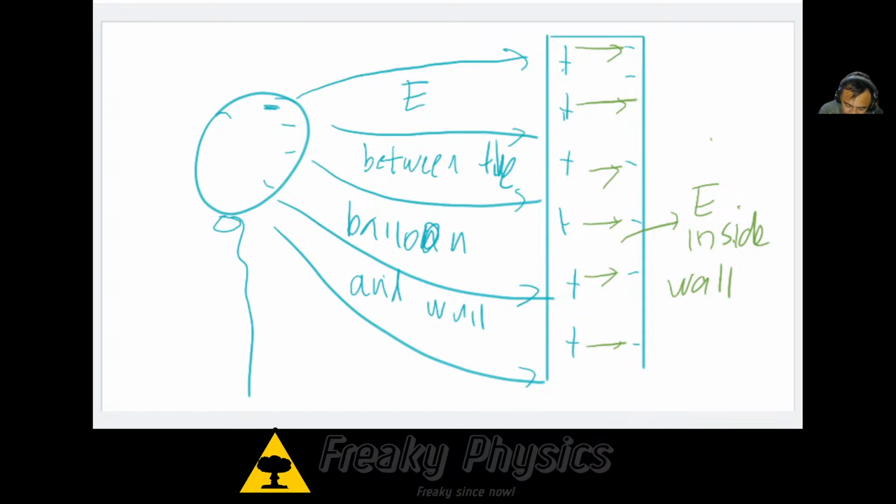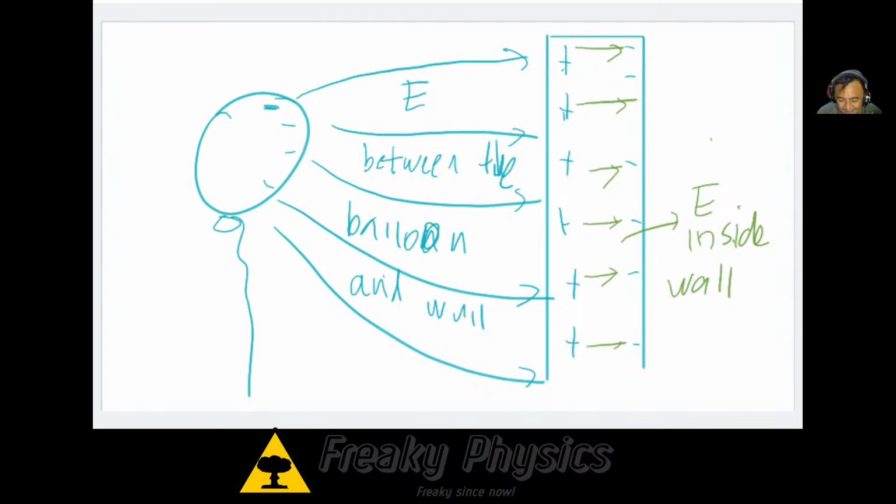The other arrows are wrong. The blue or the green ones? The green ones. No, the blue ones are wrong. Oh, the blue ones on the balloon. Which way should they be going? The opposite direction. Why?